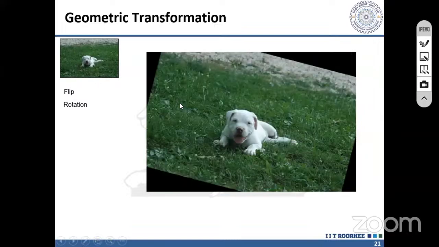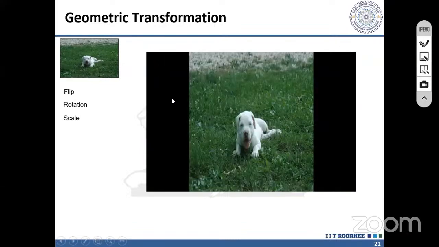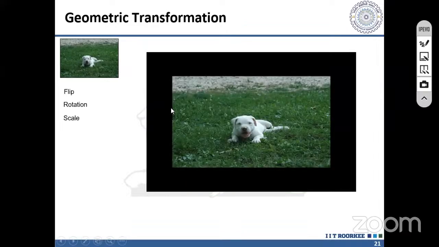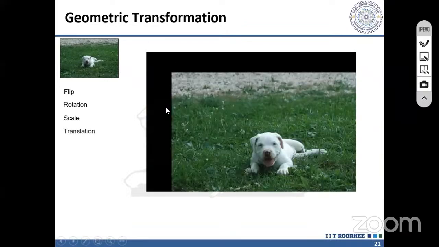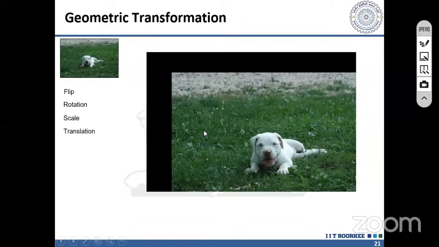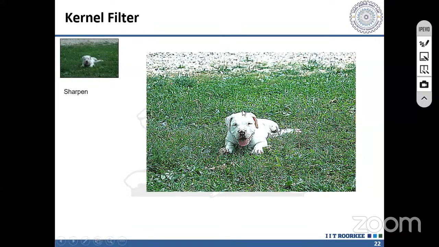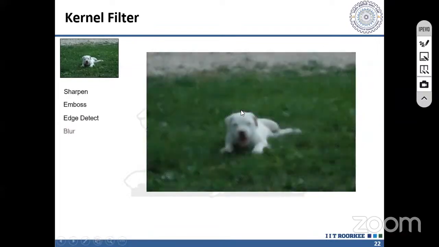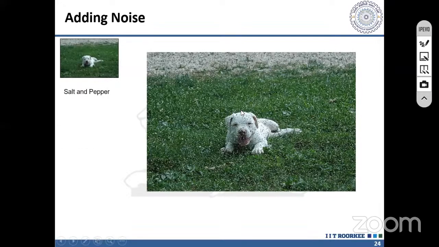These are the same image, but I am creating more data using these rotations. I can go for scaling. I can lower the scale, I can increase the scale, I can do translations. So this dog image can be on this side, that side, in different positions. Then sharpening. So these are different possibilities, and I can increase the data size.